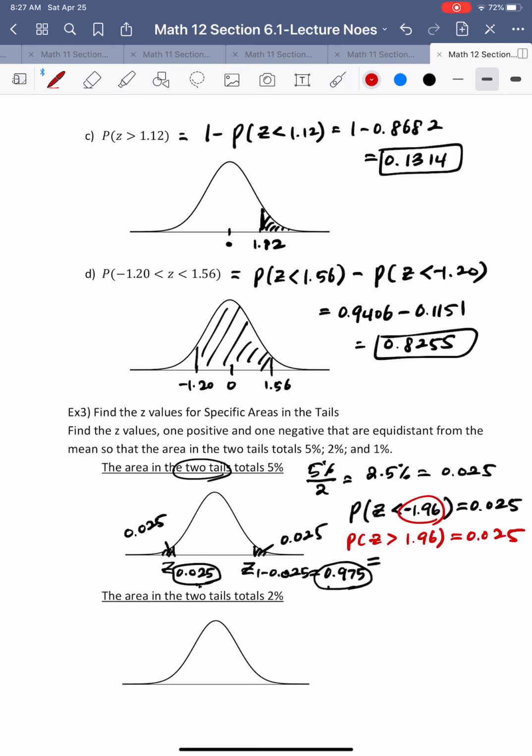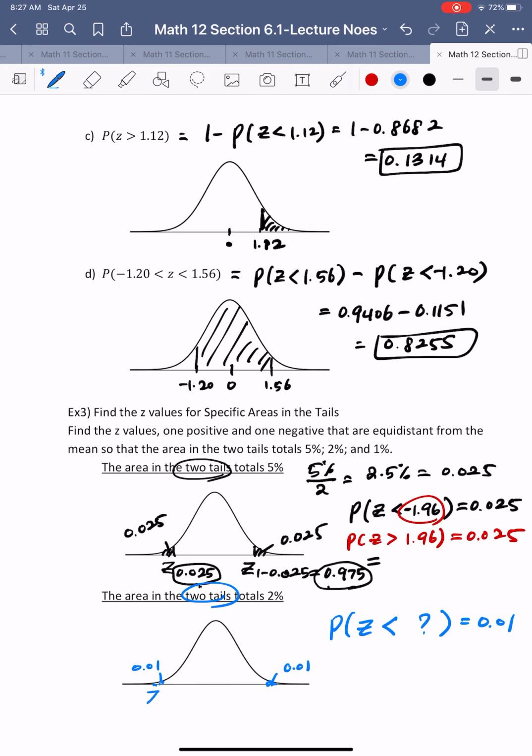Now we have 2%. So 2% is less area than the 5%, of course. So 2% is about here. This much is 0.01, and this much is another 0.01 on the two tails. So P of z, one number is going to be about 0.01.